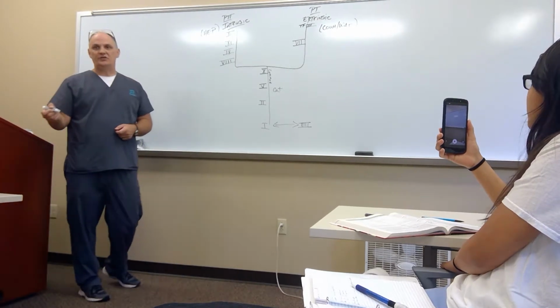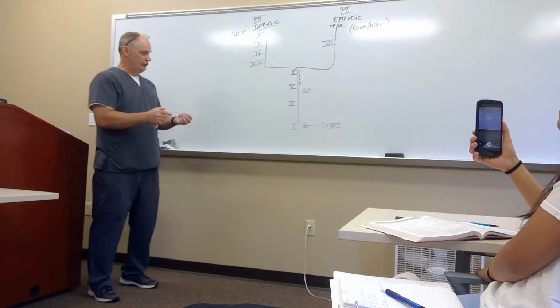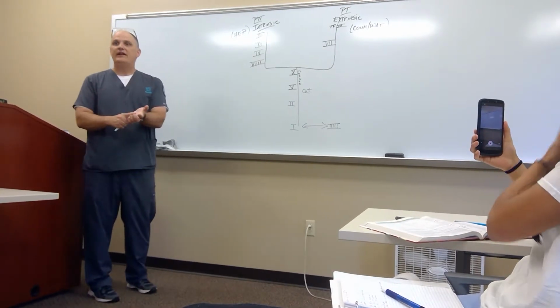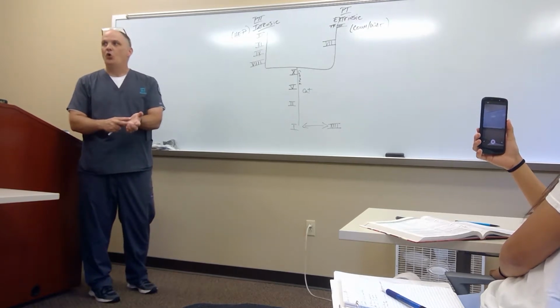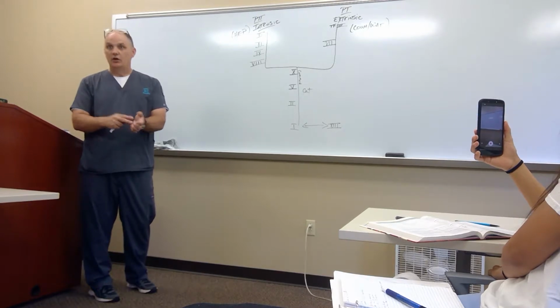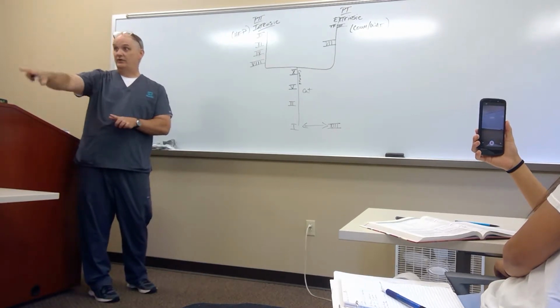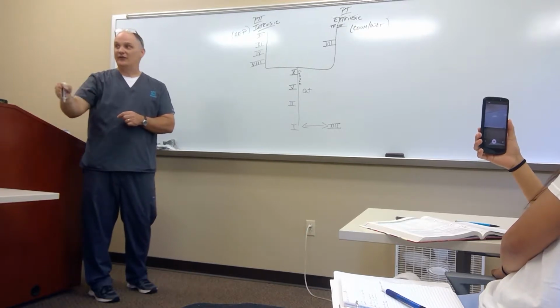This is a typical question that will be on your test, all right? You have an elevated PTT, a normal pro time, and a normal bleeding time. Which factor deficiency would it be? You'll have multiple choice. You have to pick out the only answer that can be correct.